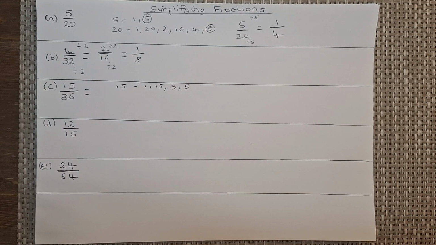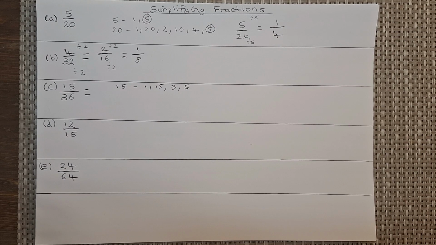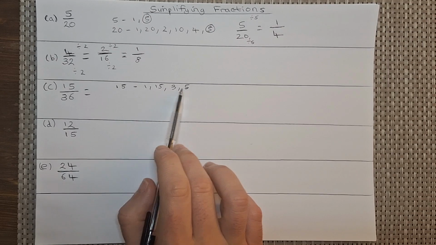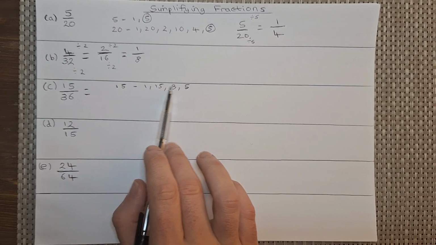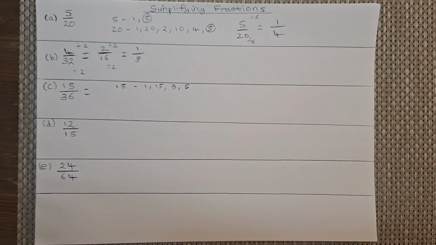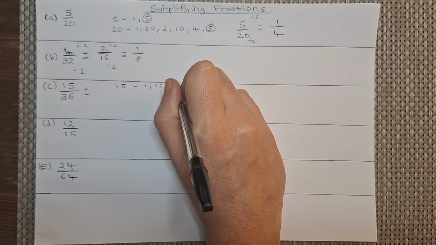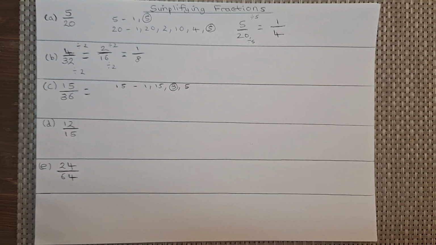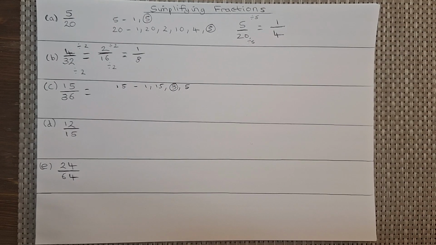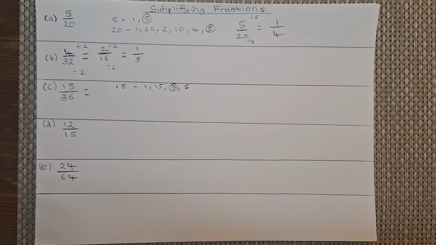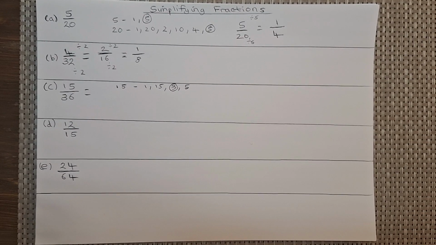Okay. Now, rather than listing the factors of 36, we can simply ask the question, which of these factors here are also factors of 36? Well, I know from looking at it, it's going to be 3, because 36 is in the 3 times table, because 12 times 3 is 36, okay?